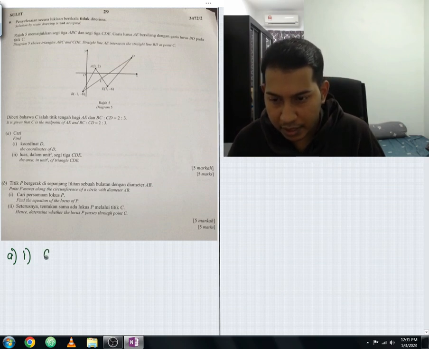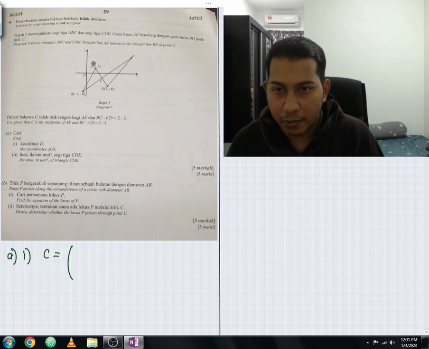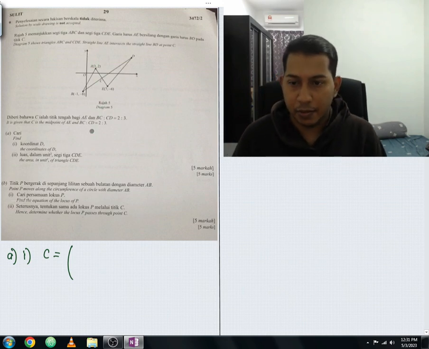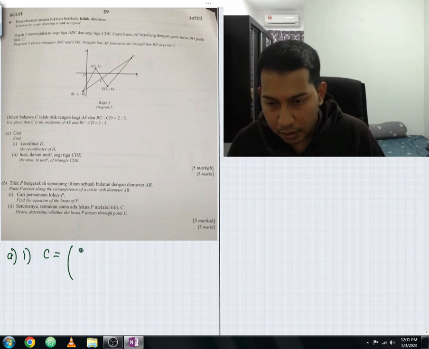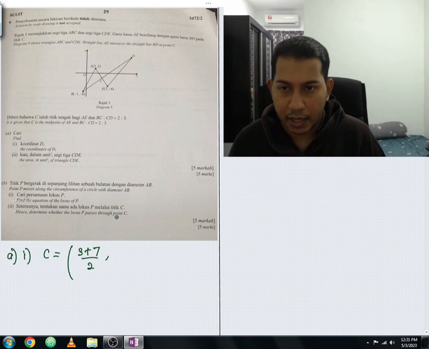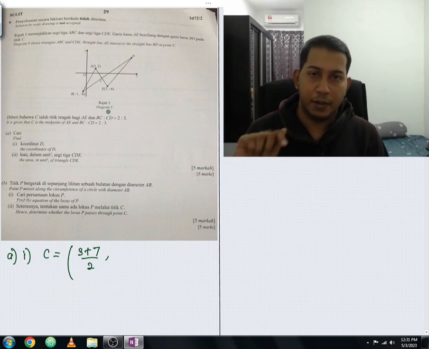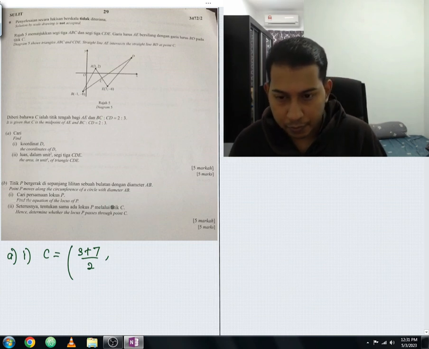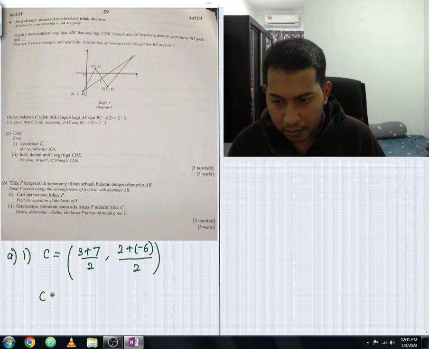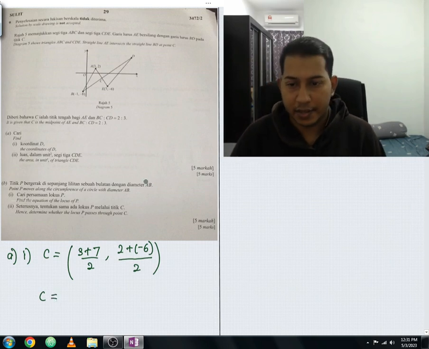For coordinate C, it's very simple. 3 plus 7, divided by 2, that's for the x coordinate. Then 2 plus -6, divided by 2, for the y coordinate.